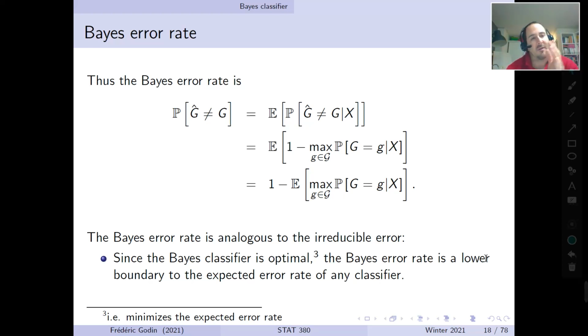It's the amount of error you won't be able to remove regardless of what classifier you have. It's the same thing for regression: the irreducible error was a lower bound, a portion of the error that couldn't be removed regardless of what regression method you have. So here the same applies. The Bayes error rate is the lowest possible error. Regardless of how good your classifier is, you won't have an error rate smaller than this quantity. This is a portion of error which just cannot be removed.